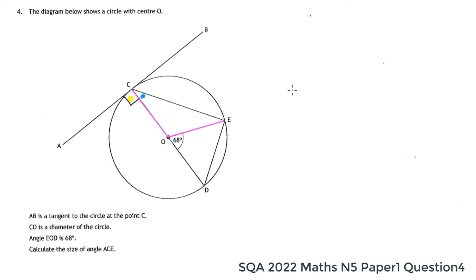These two purple lines, they're both radii, and we know that radii of a circle are always the same length. Now that immediately tells us that this triangle is isosceles. Two of the sides are equal, and therefore two of the angles are equal. This angle over here must be the same size as this angle.